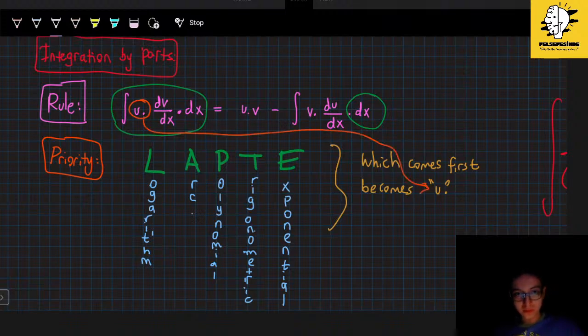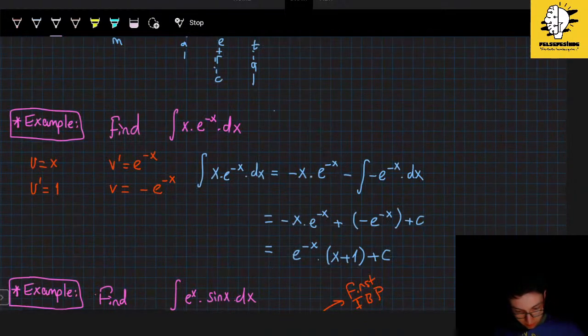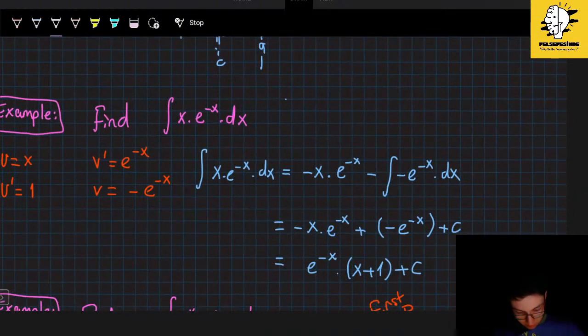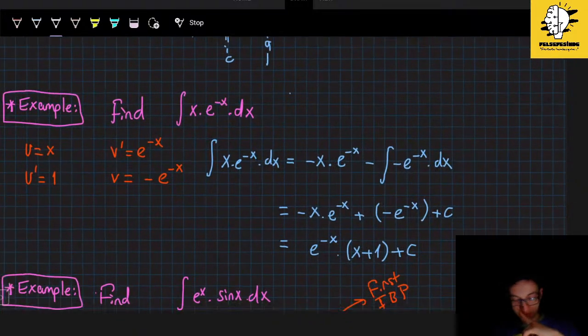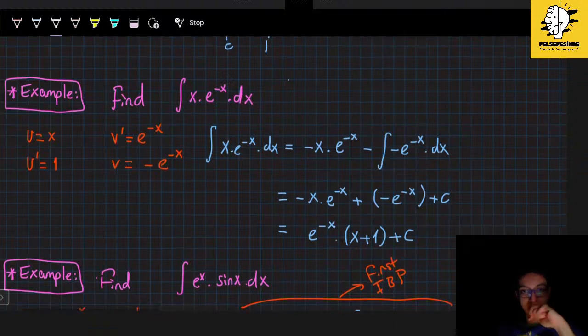Alright, let's solve one question, and I think you will know what I mean. We have a function. It is asking us to find the integral of x times e to the power of minus x, dx.